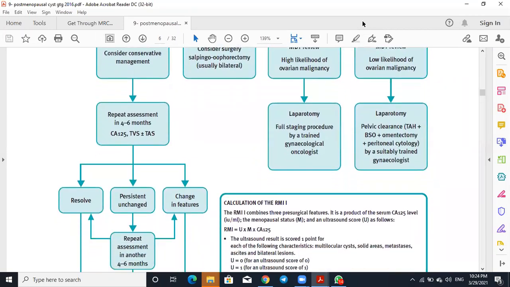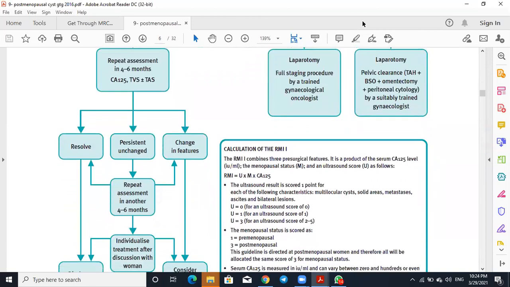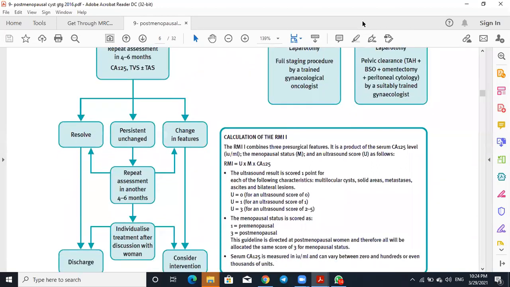After that, we have 3 scenarios. Either it will resolve after 6 months, we will see the cyst is resolved and we will discharge the patient. But if the cyst remains the same, that is, we saw it was 5 centimeter, now still it is 5 centimeter, we will repeat it again after 4 to 6 months, assess it, and then individualize the treatment after discussion with the woman.